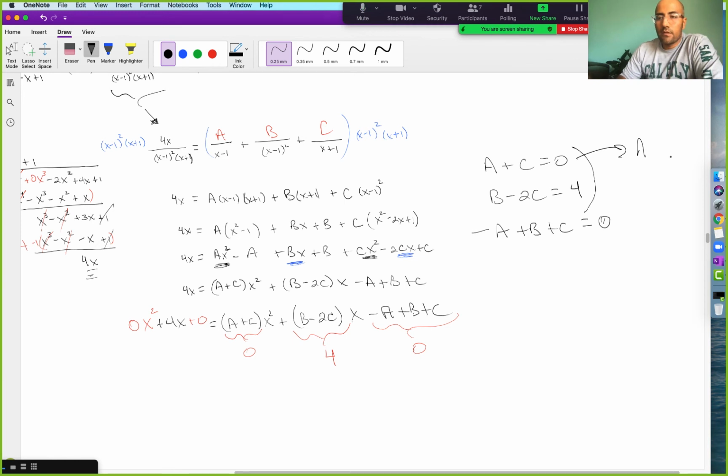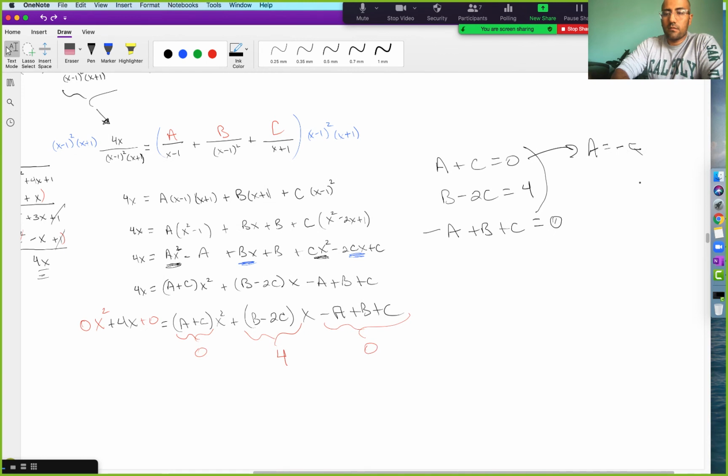A equals negative c. There. So from here, I get that a equals negative c, and then I'm just going to plug it in right in here.